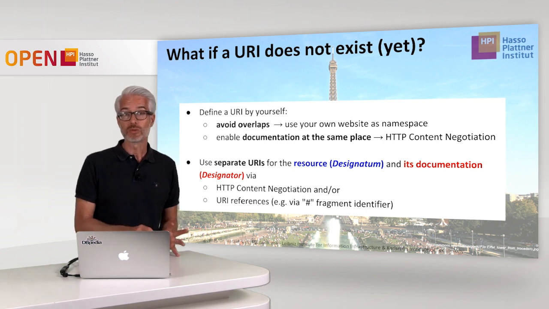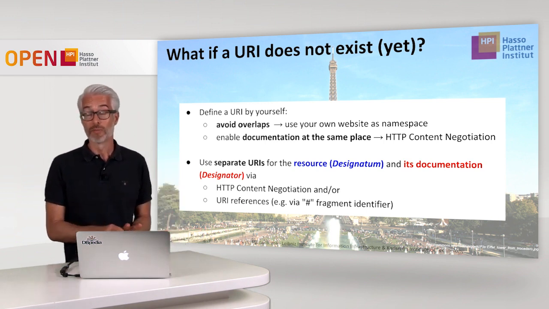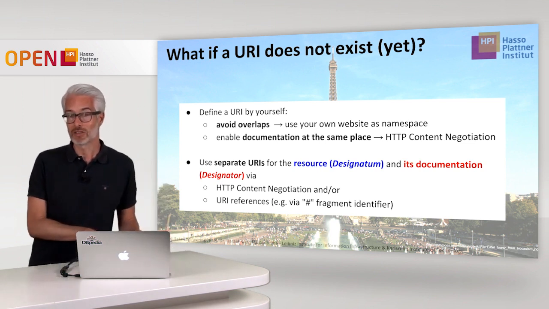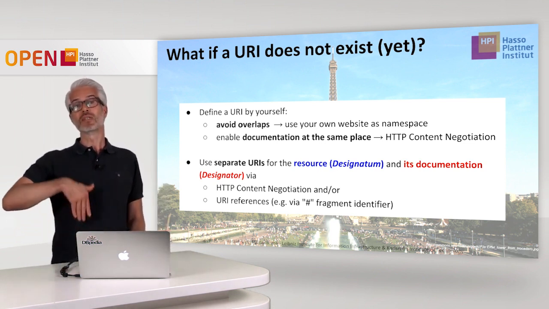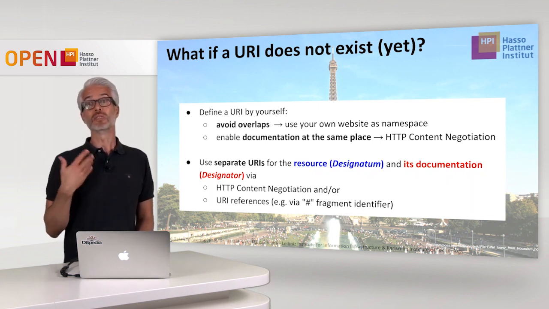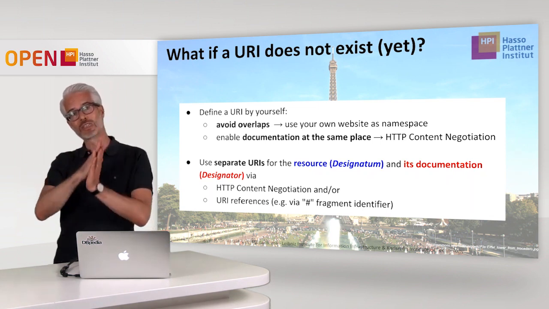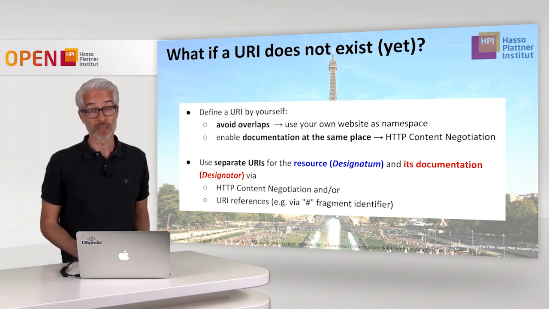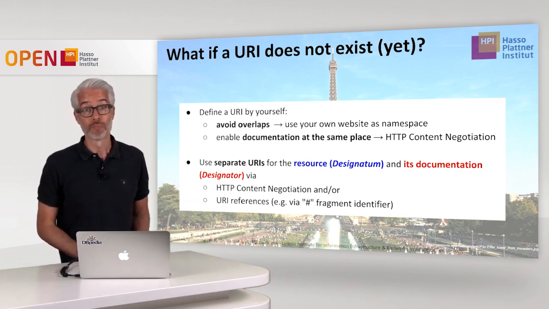So the point is we use separate URIs for the resource, the designatum, and its documentation, the designator, but they can be referenced via a unique URI which then is translated into one of these separate URIs with the help of HTTP content negotiation. I will show you how this will work.